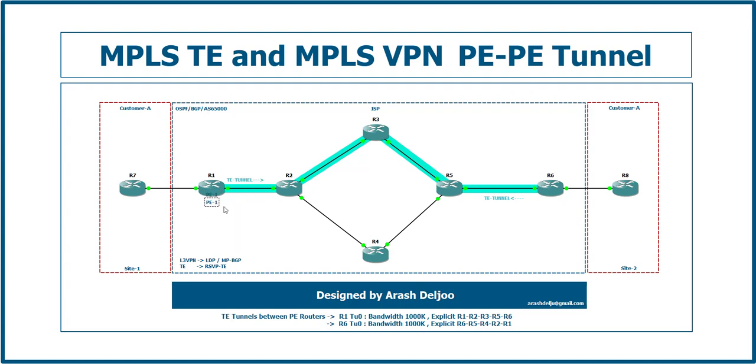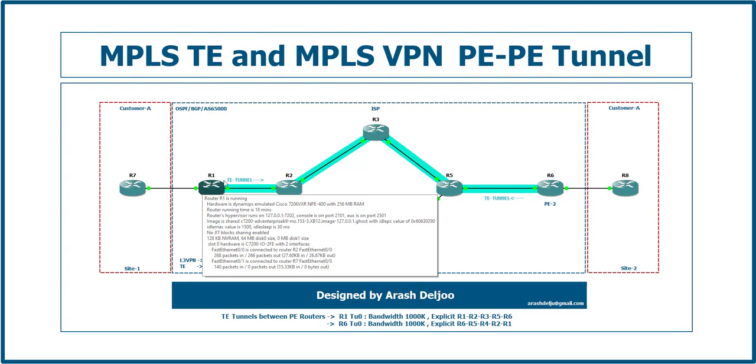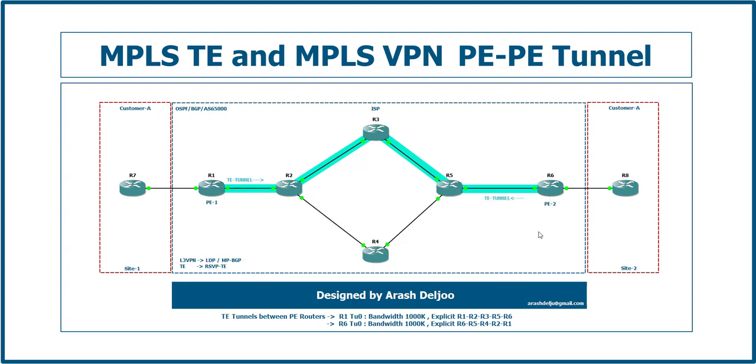This service provider tries to connect these two sites of a customer to each other. You know that we need to configure a BGP VPNv4 session between R1 and R6, the two PEs, and finally we can send the traffic between R1 and R6 through the path R1, R2, R3, R5, R6, or R1, R2, R4, R5, R6.